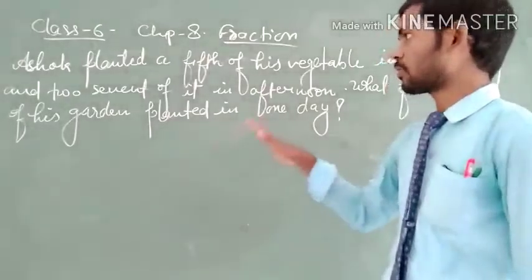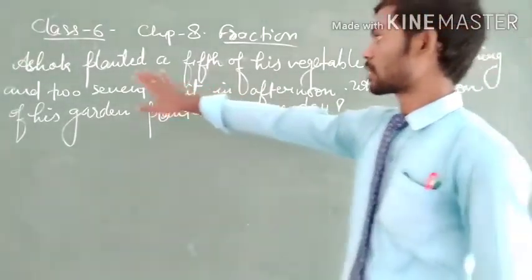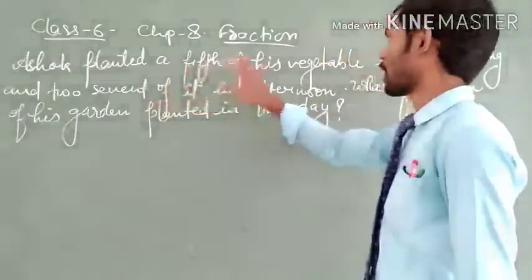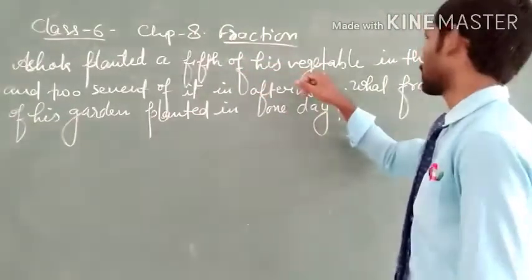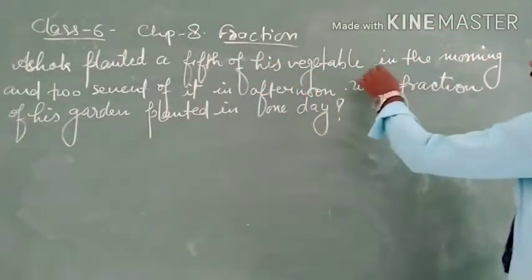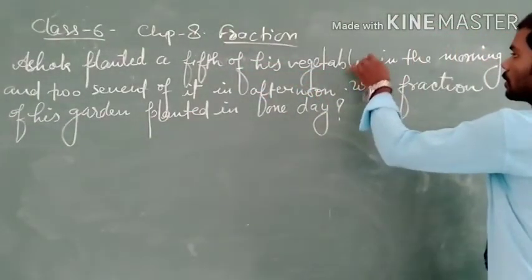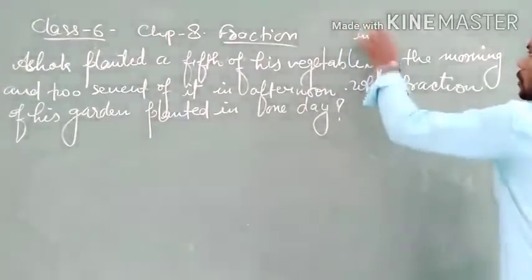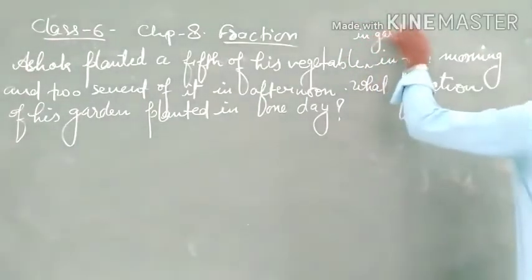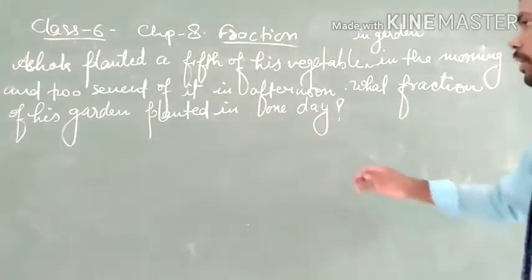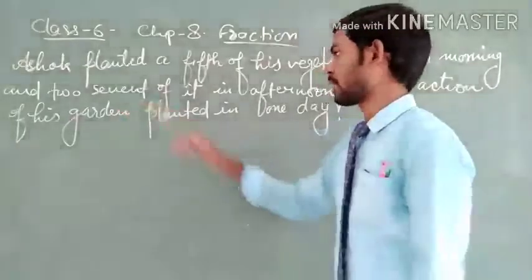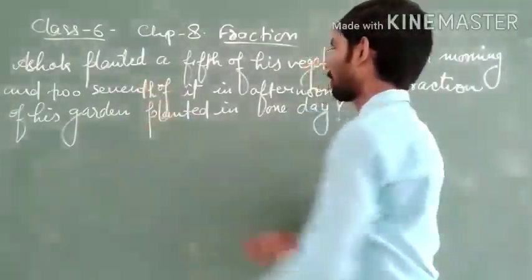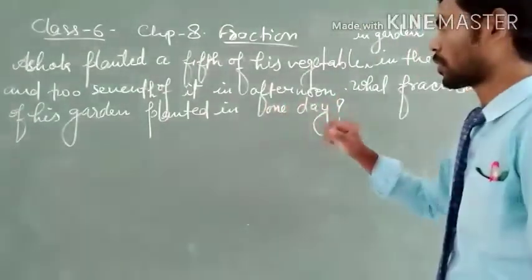So listen carefully, what does the question say? Ashok planted a fifth of his garden in the morning, and 2/7 of it in the afternoon.